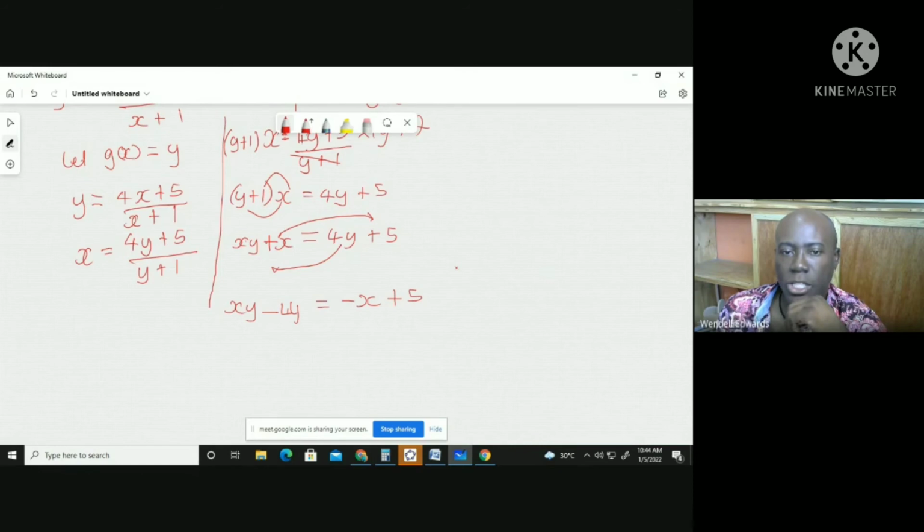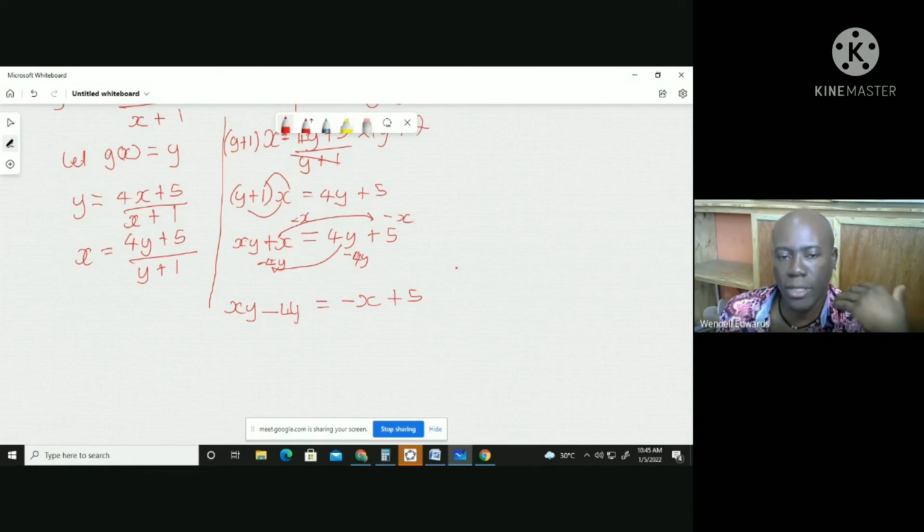So that's fine. The 4y was subtracted from that side, that's why we subtract 4y from this side. And the x was subtracted from this side, and that's why it's subtracted from that side.